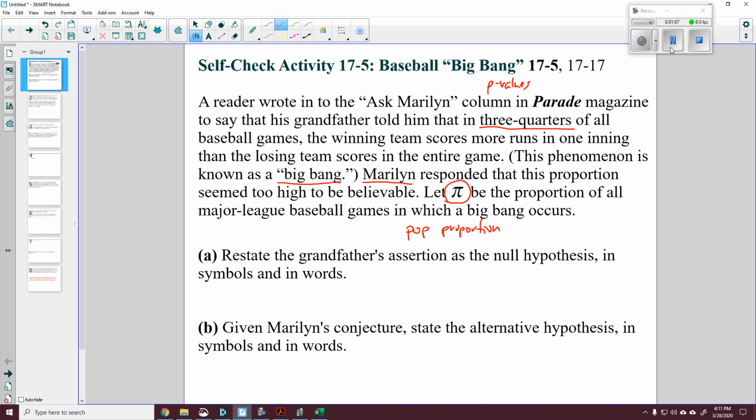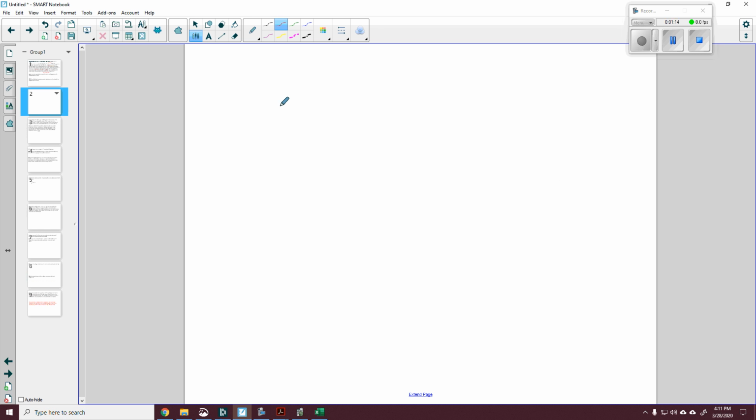Now, I'm just going to pause for 1 second here and remind you of something. Populations is generally what we want to study, but they're almost always too big to get accurate data from.